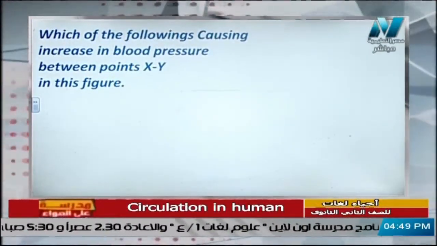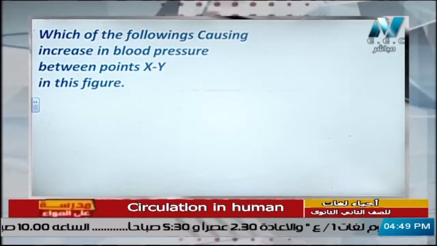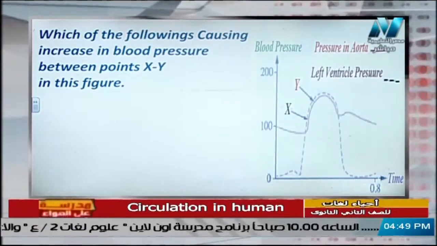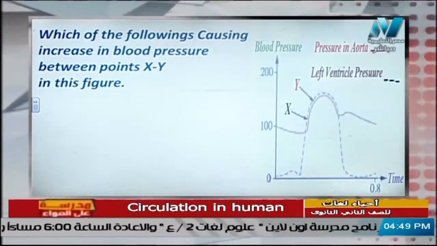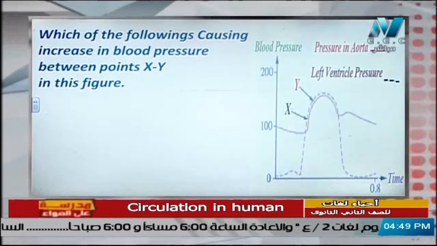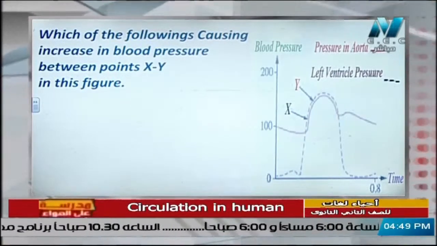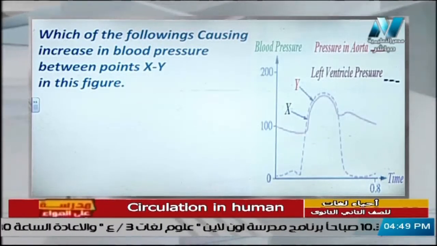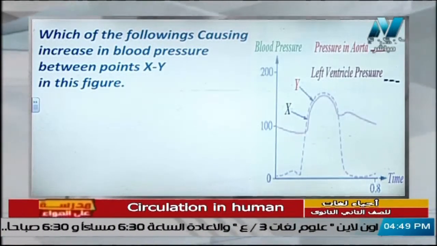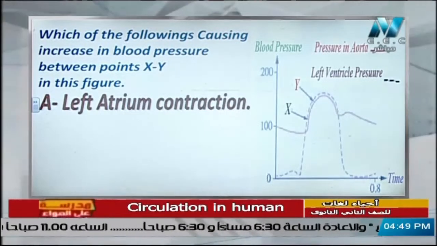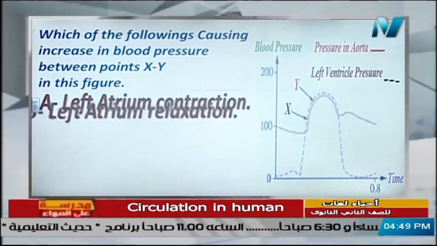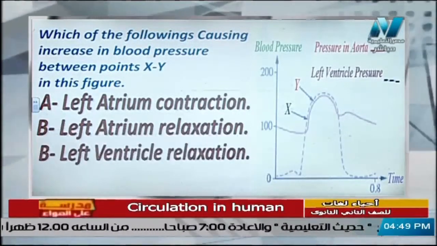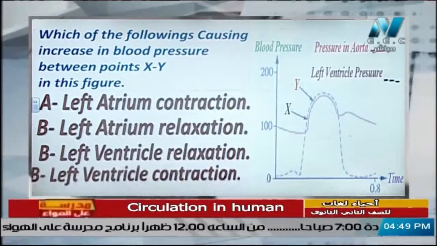Which of the following causes increased blood pressure between X and Y in this figure? As we see, the blood pressure increases from X to Y. The pressure in the aorta is the red color and the left ventricle pressure is the black dots. Is it left atrium contraction, left atrium relaxation, left ventricle relaxation, or left ventricle contraction?